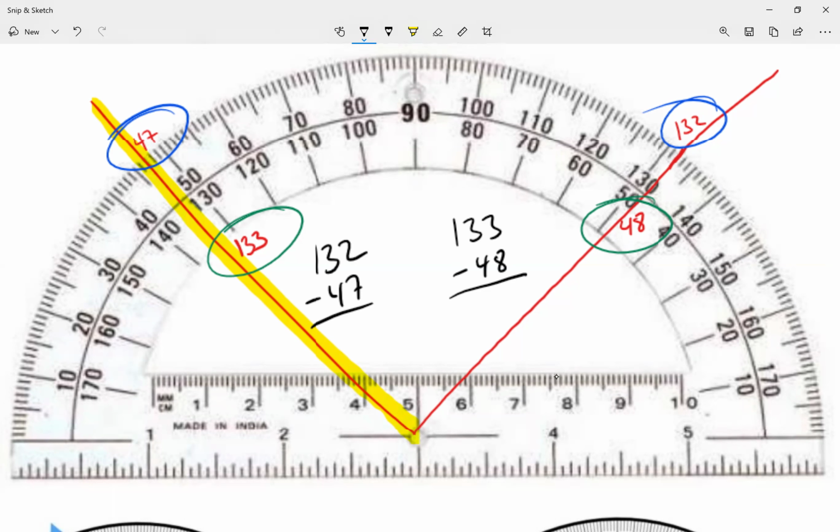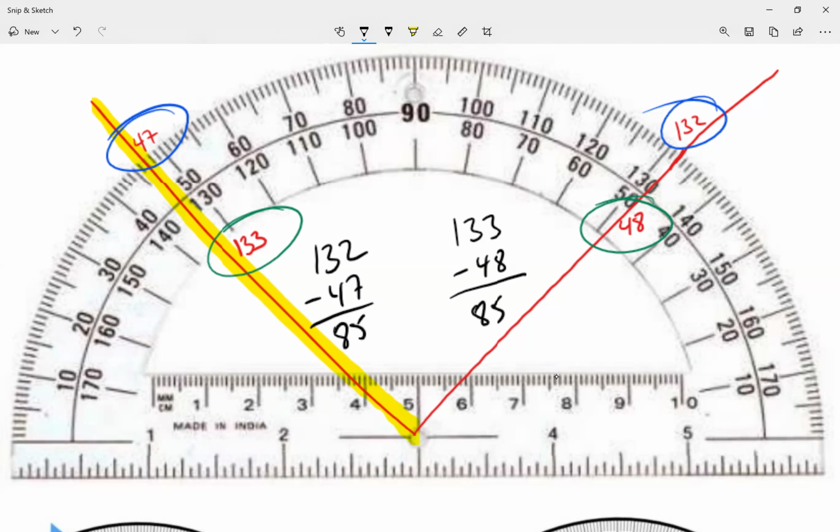So either 132 minus 47, notice I'm subtracting the outside numbers, or 133 minus 48, notice I'm subtracting the inside numbers. Now, which one do you do? It doesn't matter. In this case, it has to give you 85 on both, whichever one you use. So it doesn't matter which one.